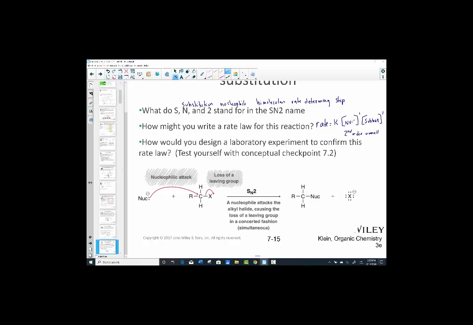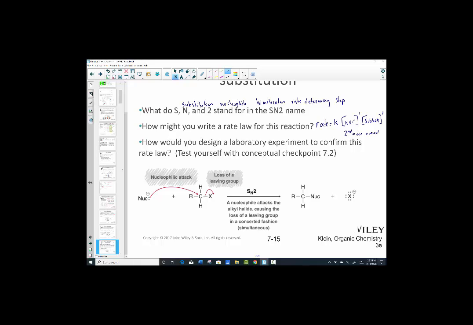So there's your kinetics for a bimolecular reaction. First order with respect to the nucleophile, it will influence the rate of the reaction. First order with respect to the substrate, it will influence the rate of the reaction, and it will be second order overall. How would you design a laboratory experiment to confirm that?